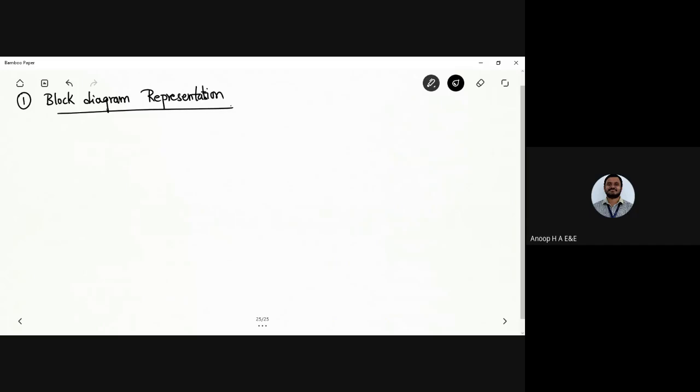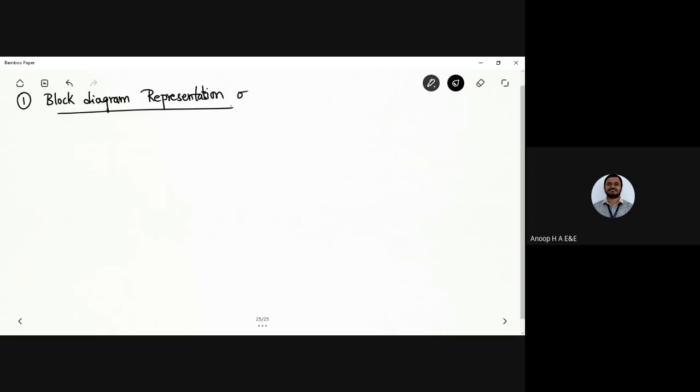In the next classes, you have one more block diagram representation, using difference equations and differential equations and given output of the differential equations and so on.